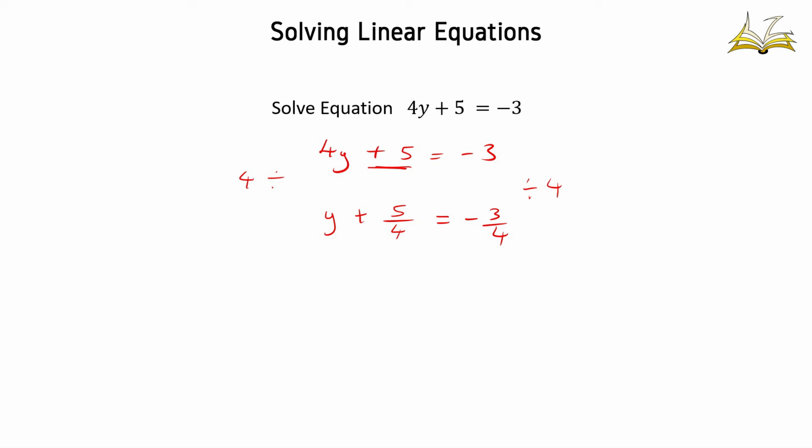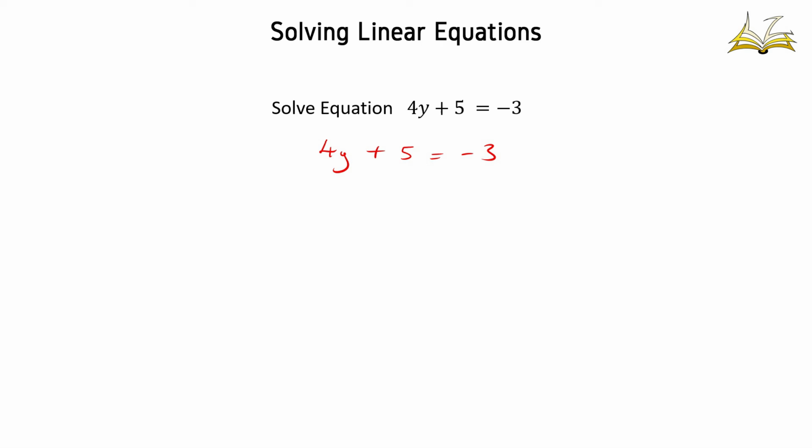But you see, this looks a lot messier. You still will get the same answer, but it just looks a bit messier to obtain. Okay? So that's why I strongly recommend you always move the number that's not directly associated with the letter you're trying to find, or the term you're trying to find.